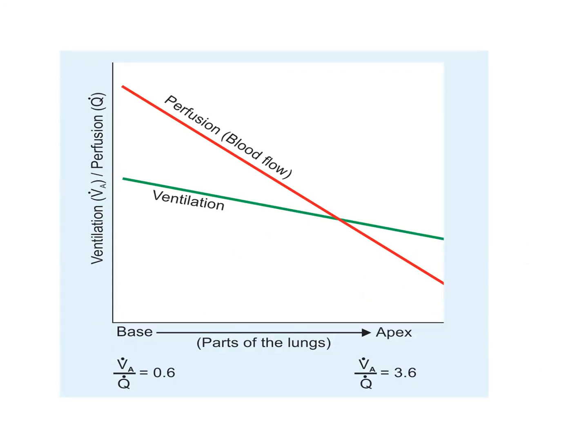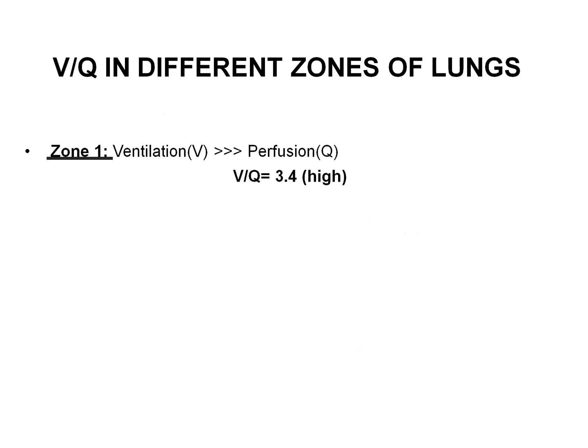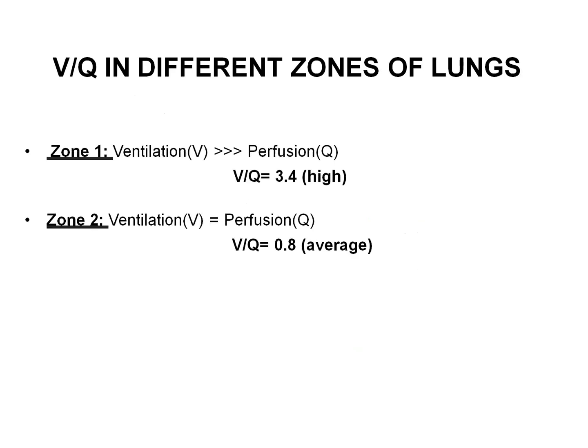And if you find the ratio of these two, it will be different at the base and different at the apex. If you consider zone 1, ventilation is much more than the perfusion. Both are less, but ventilation is somewhat more than the perfusion.